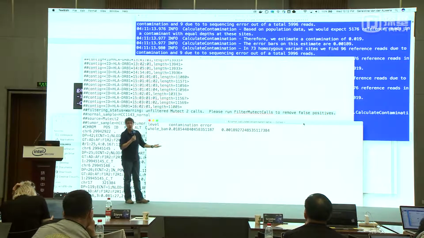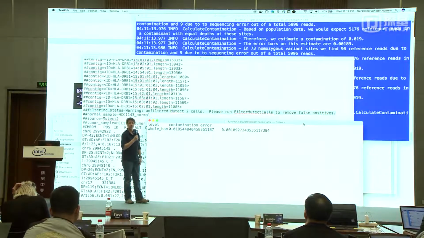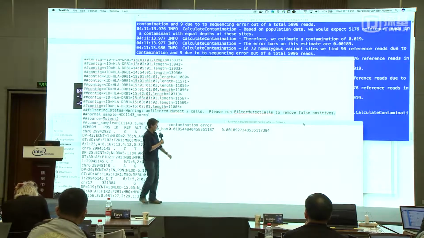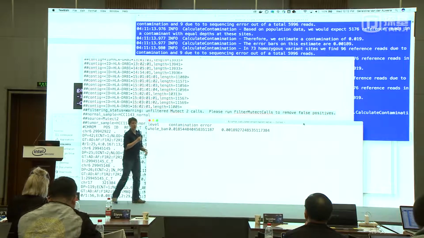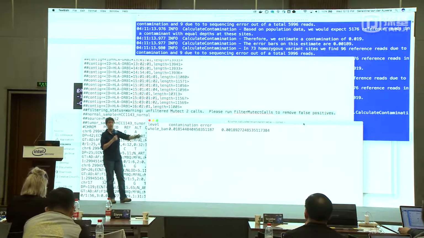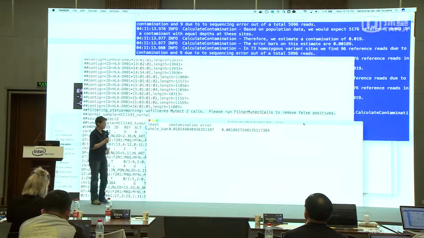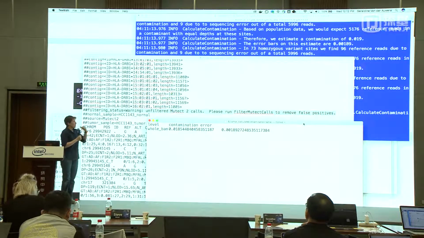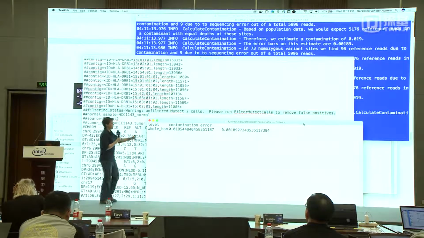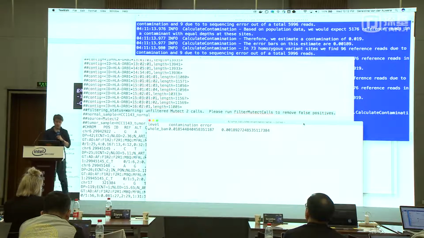That's not bad. That's kind of normal low-level contamination. And this is my error, my degree of error based on the variability that I found across the whole data. So that's your result, and that you will provide in the next step to the filtering tool.